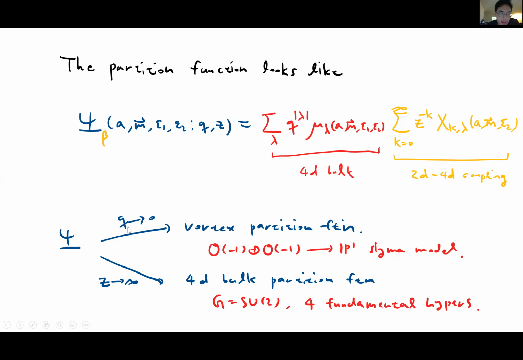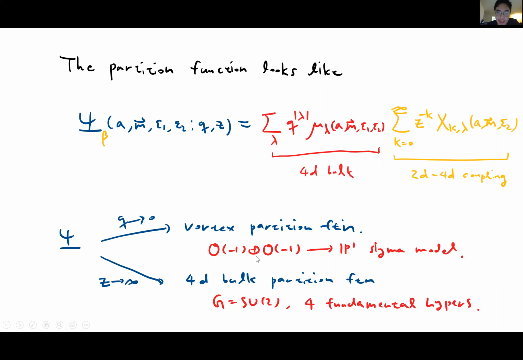If I just turn off the bulk gauge coupling, so send Q to 0, this part just becomes 1, and I just have this contribution. And you will recognize this is nothing but the vortex partition function for the surface defect theory.